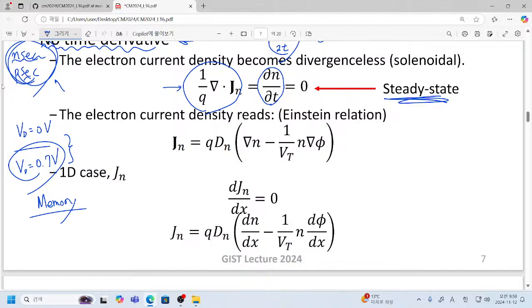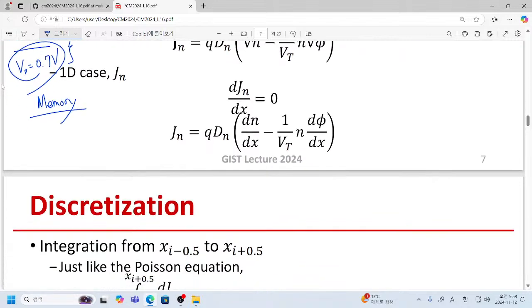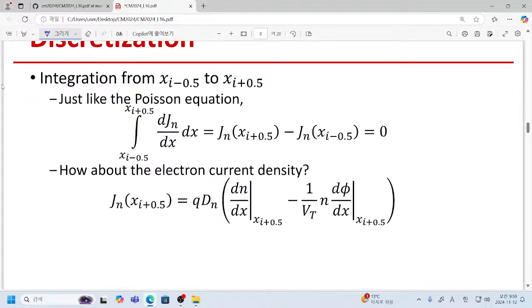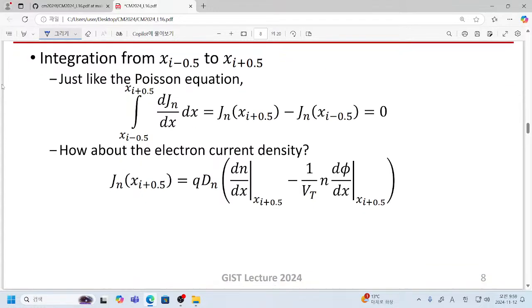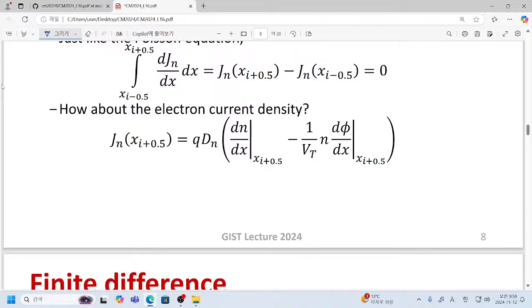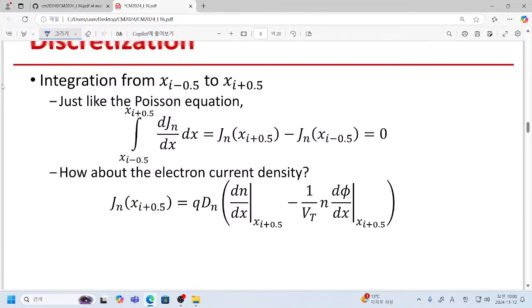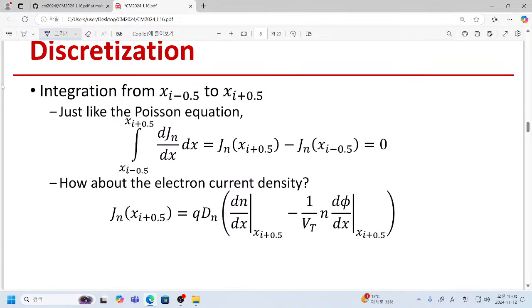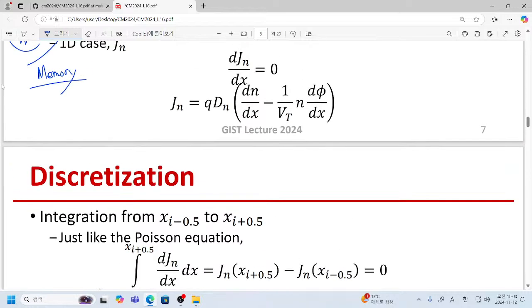This is not that difficult, and its discretization follows the typical way. Here I want to say quite an important point. In 1D we can write it in this form. It contains both the first derivative of electron density and the first derivative of electrostatic potential.